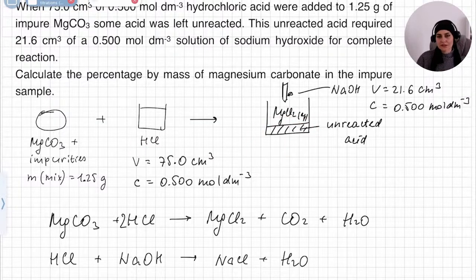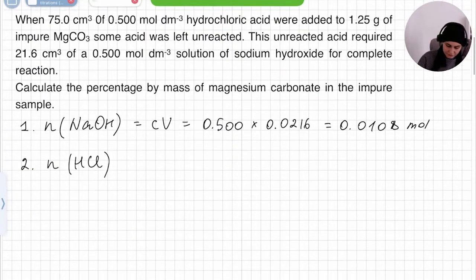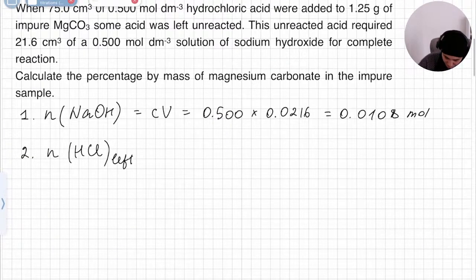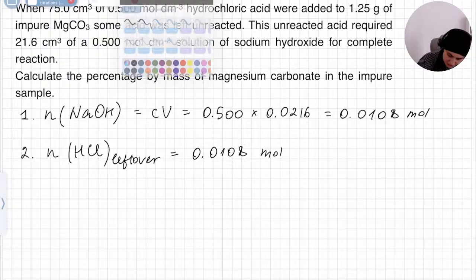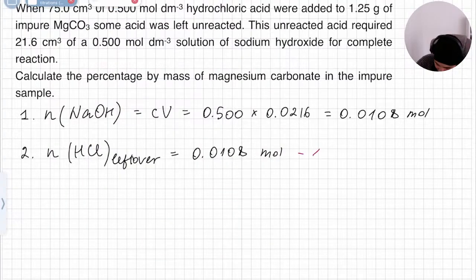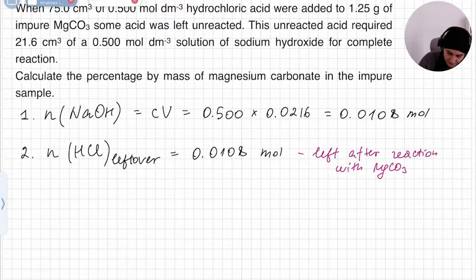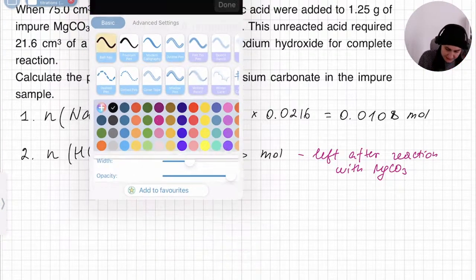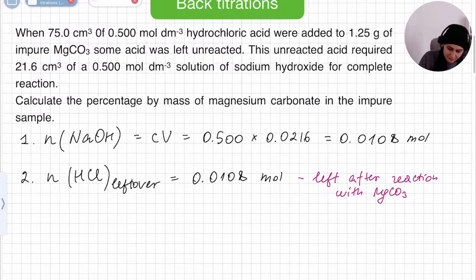I will denote it as HCl left over. It's also 0.0108 moles. So that's what's left after the reaction with MgCO3.